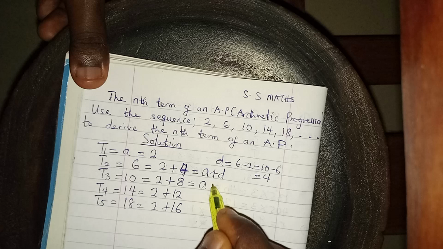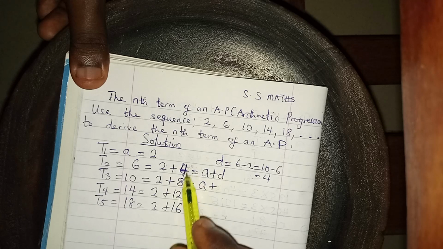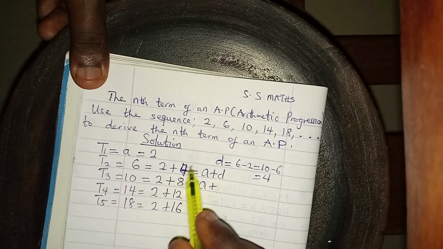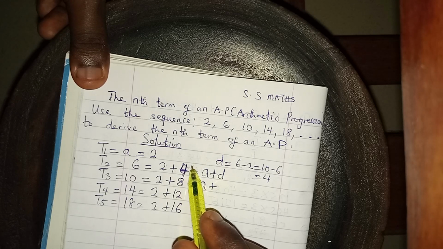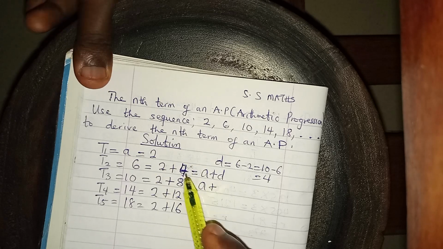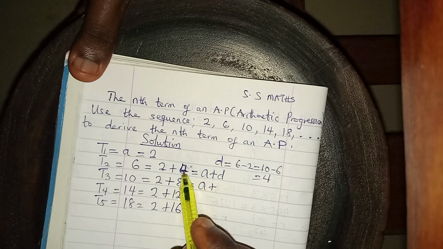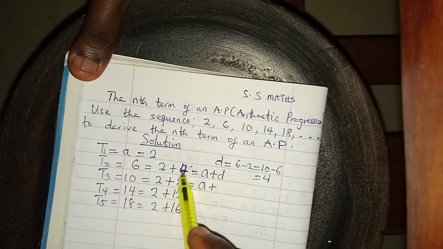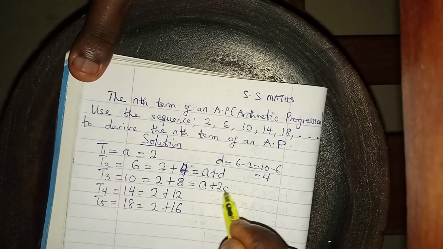So I say A plus, if I multiply this difference 4 by 2, it will give me 8. So this is just like saying the difference times 2, so I can say this is 2D.